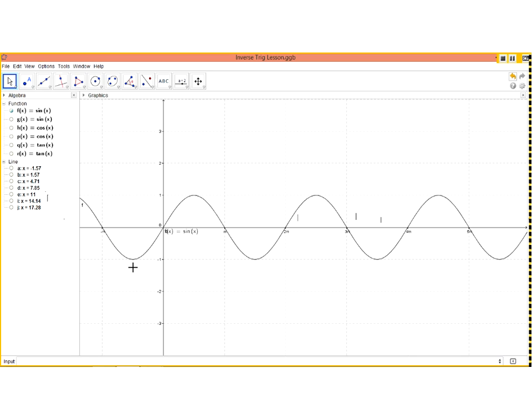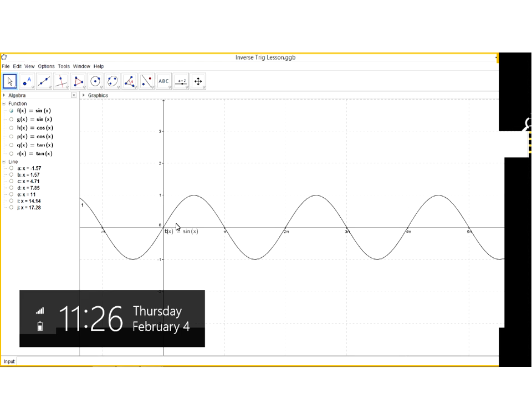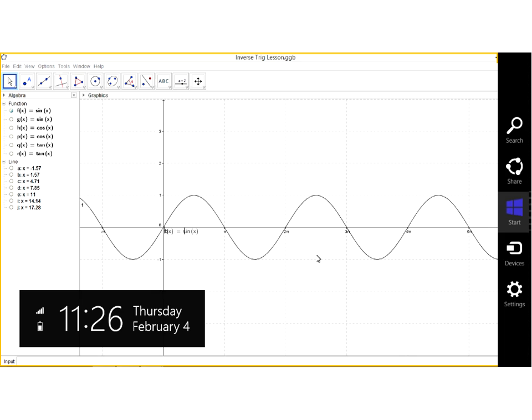I need to restrict the domain where I get the entire range, so I get all the values from -1 to 1, but I only get them one time. I also want the interval to be compact, so I don't want to have a piece here and a piece somewhere else.